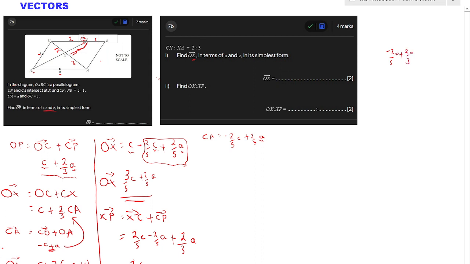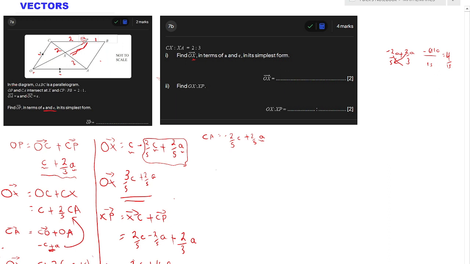I'm just adding the numbers as coefficients. The common denominator is 15. We multiply 2 by 3 to get negative 6, and 2 by 5 to get positive 10, which gives us 4 over 15. So we put here plus 4 over 15A.